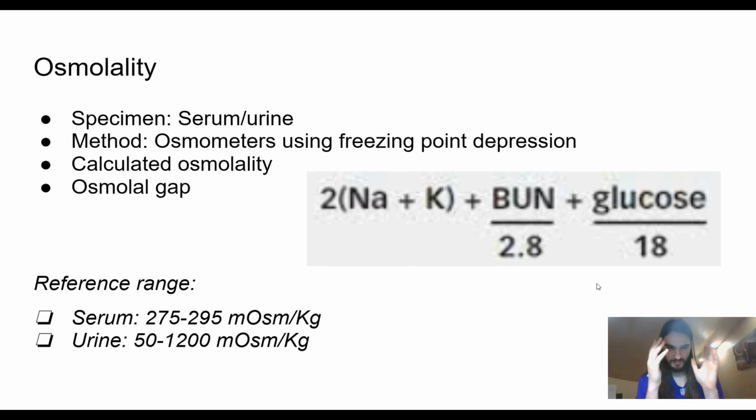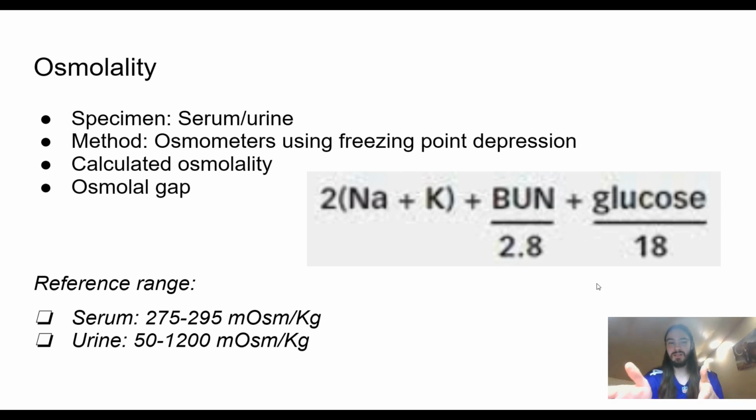So now I'll talk about osmolality in general and then anion gap. Osmolality is basically the measure of the concentration of dissolved particles in any solution, but in your blood. The methods used to measure this are two things. First of all, you can calculate osmolality, as demonstrated in this equation here.